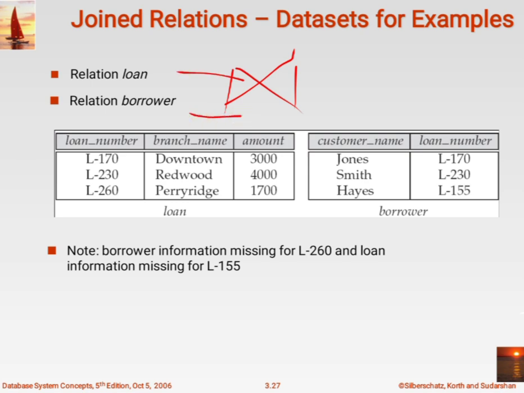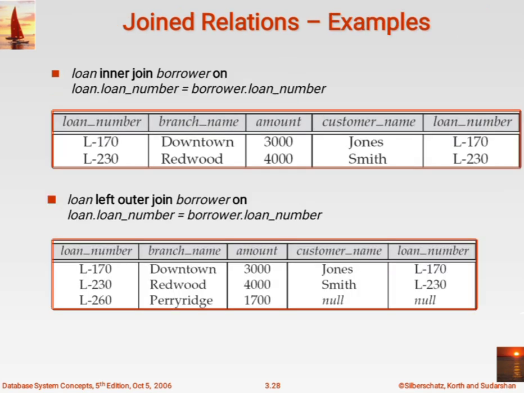In yesterday's class I told you. So there is a loan, so I am going to consider loan, and whatever loan numbers are there in the loan relation, I am going to select, and if I am not getting values for them, I am going to write null. So this is the left outer join which I am going to apply on the loan and borrower relations.